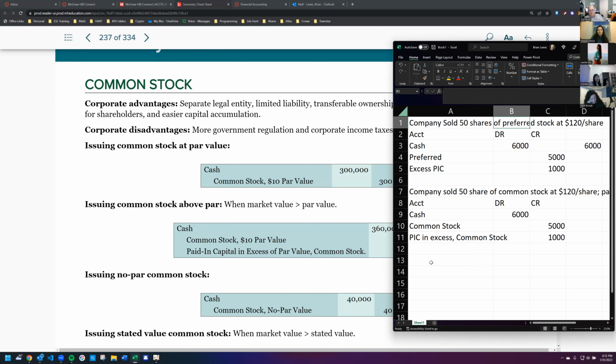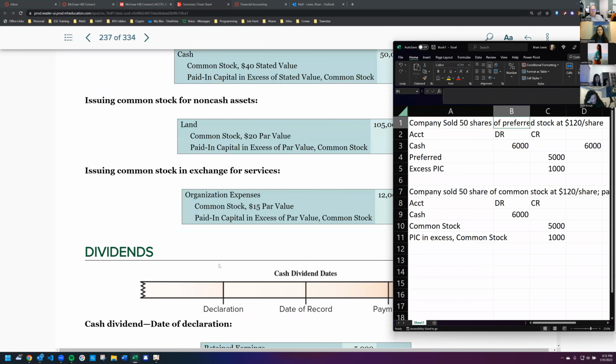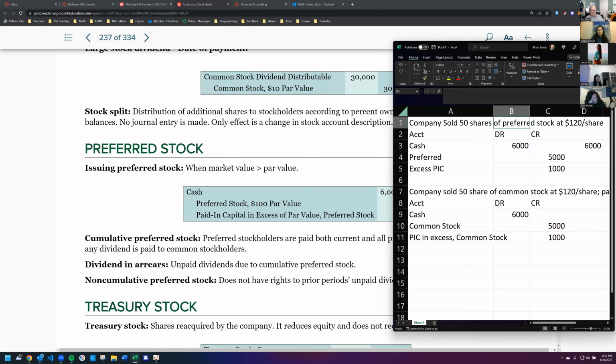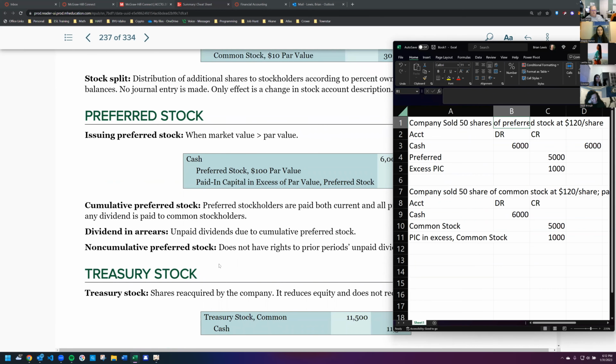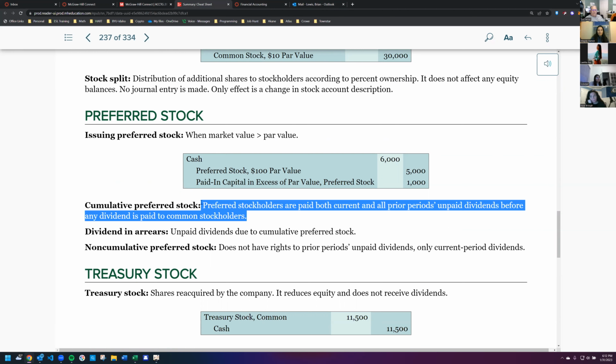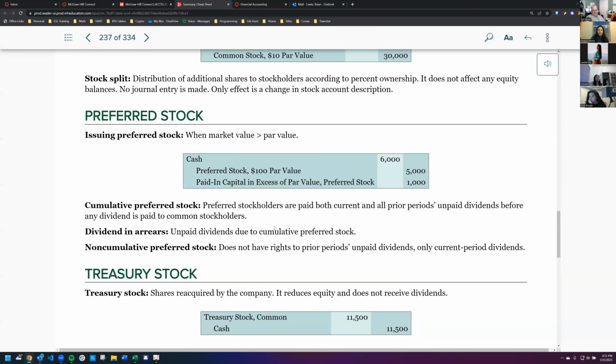Depending on what the preferred stock rights are over time, they get paid out first to the preferred stock, and then anything left over goes to the common stockholders. See, it says right here, preferred stockholders are paid both current and all prior periods' unpaid dividends before any dividend is paid to common stockholders. That's the primary difference between common stock and preferred.